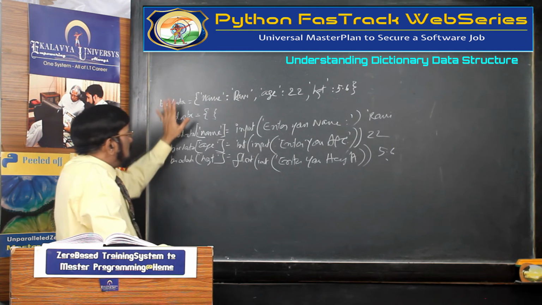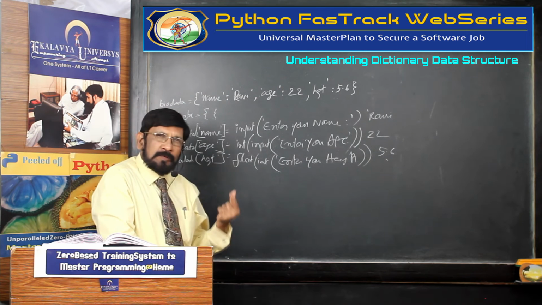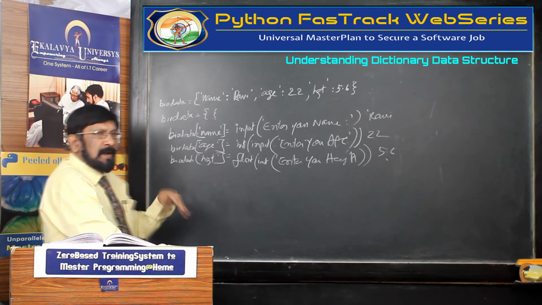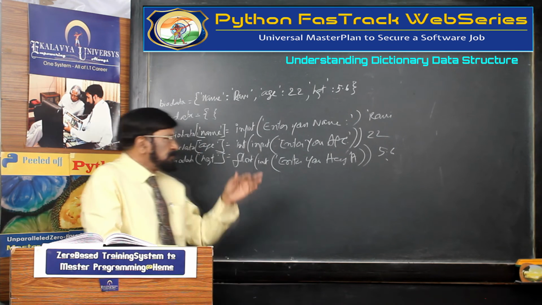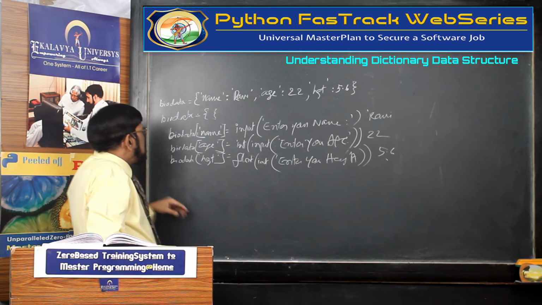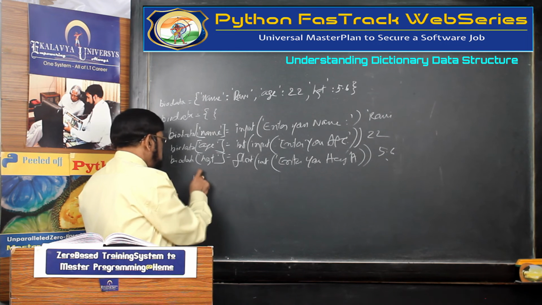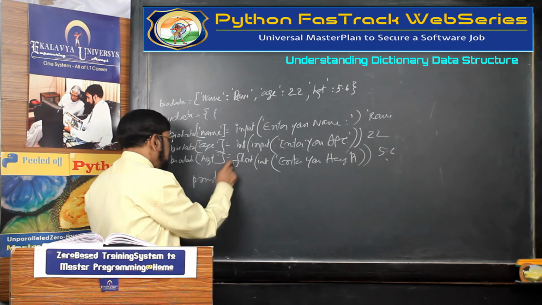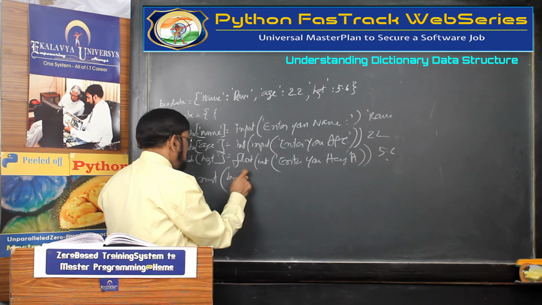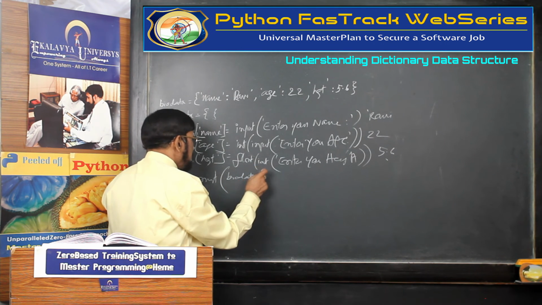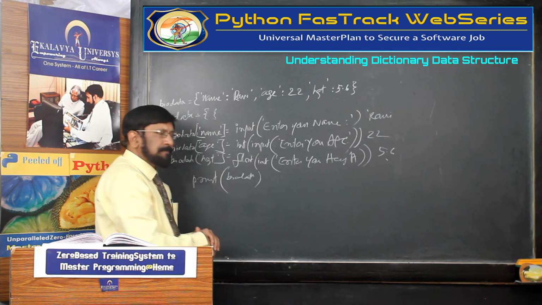Okay. Now we could understand how to create an empty dictionary and add items into it by using initialization or by reading. Thereafter, how can we produce it? Means how to print it. Simple thing. Don't worry about that. Just simply write by data.